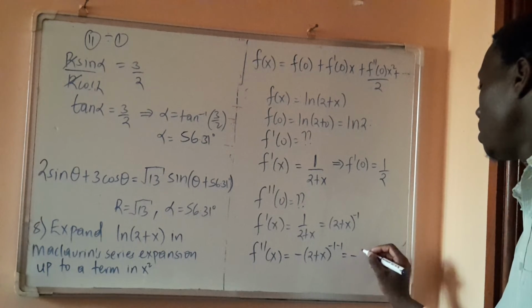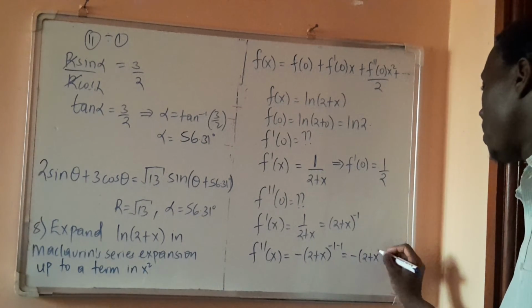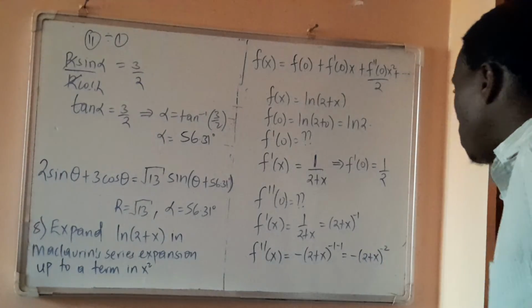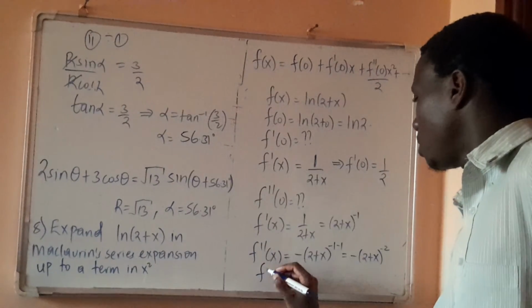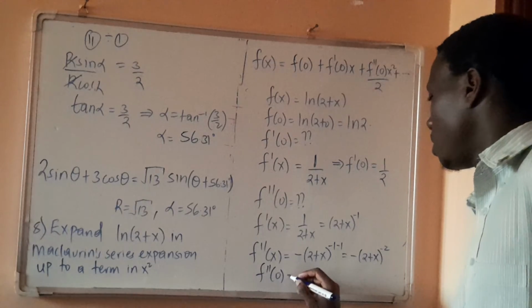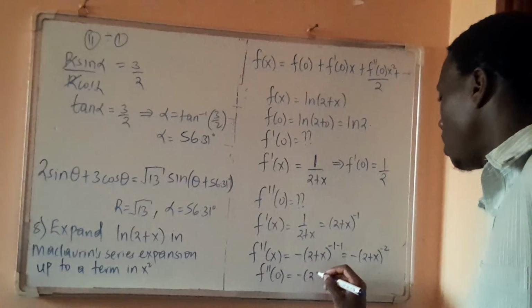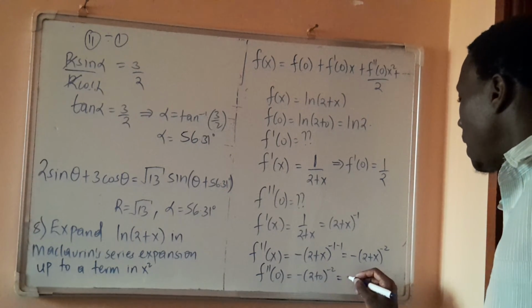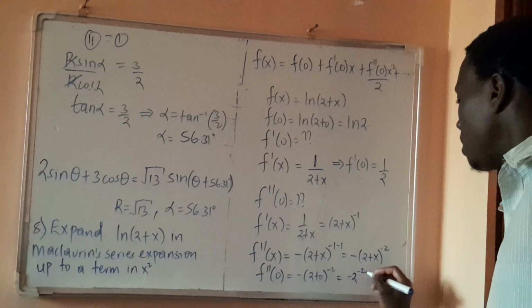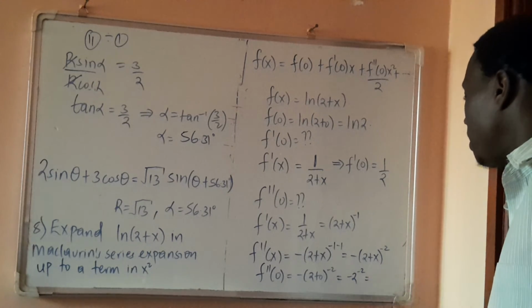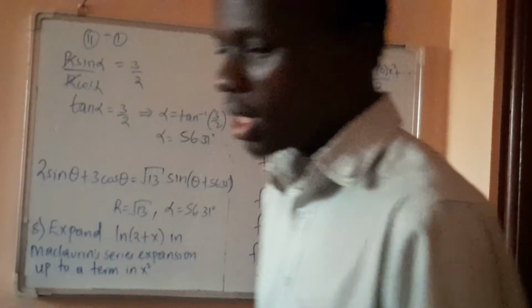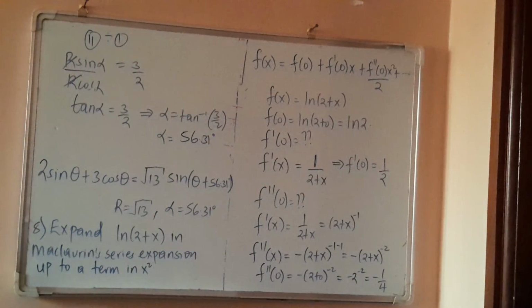So the second derivative is negative (2 plus x) power negative 2. Then we substitute 0. This is negative 2 power negative 2, which is negative a quarter.